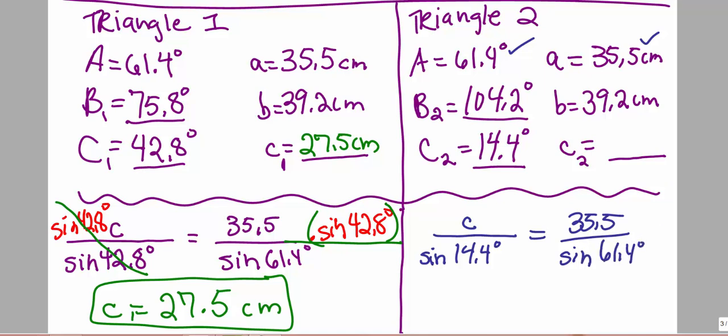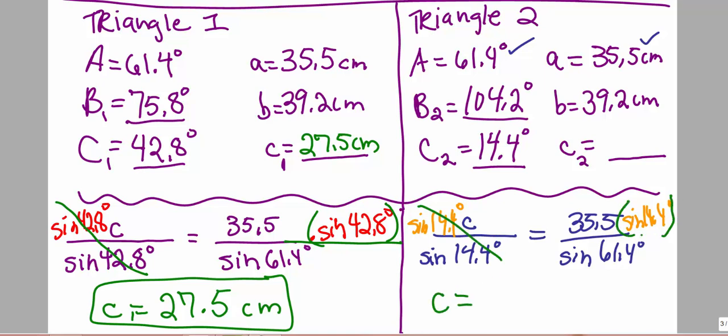We're going to multiply both sides by sine of 14.4 degrees. And that way it cancels from this side. We're left with C is equal to.